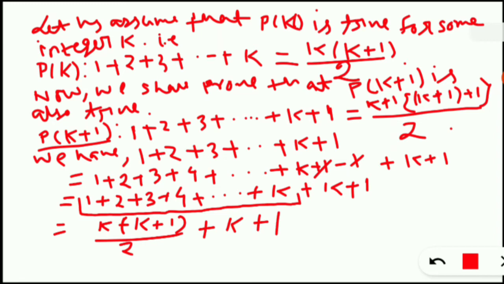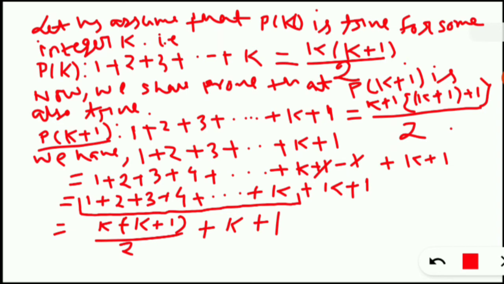Clear? Because we assume that P(k) is true, that's why P(k) such that 1 plus 2 plus 3 plus dot dot dot plus k equal to k into k plus 1 divided by 2. So that's why 1 plus 2 plus 3 plus dot dot dot plus k result is k into k plus 1 divided by 2, and the last term is k plus 1.